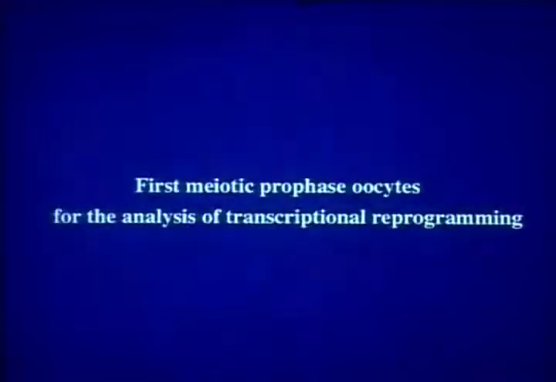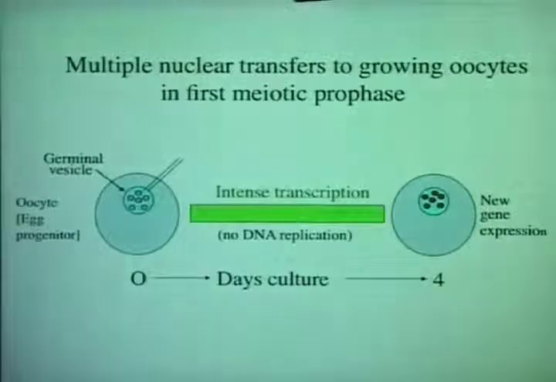So one way of overcoming this is to essentially simplify the process, make the process much simpler to analyze, and one can do this by making use of these so-called first meiotic prophase oocytes. And the diagram of this works this way.